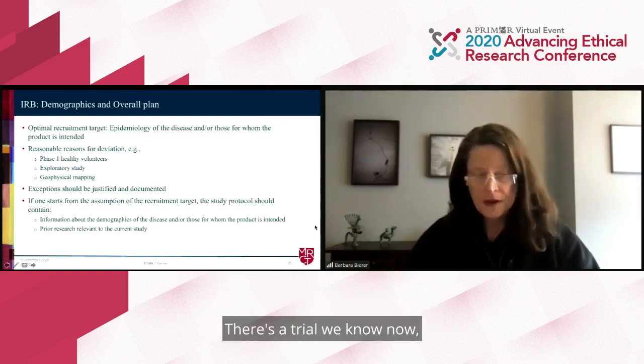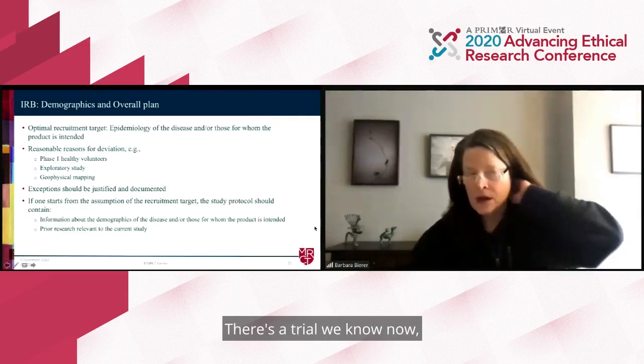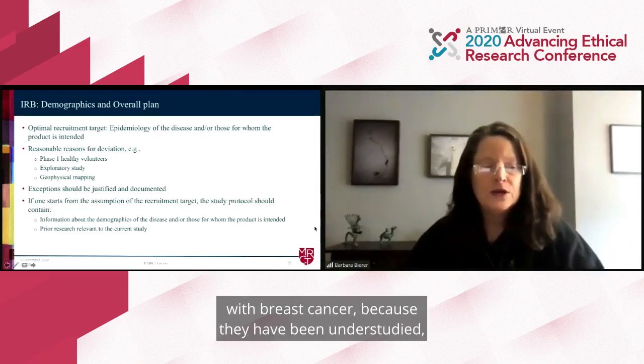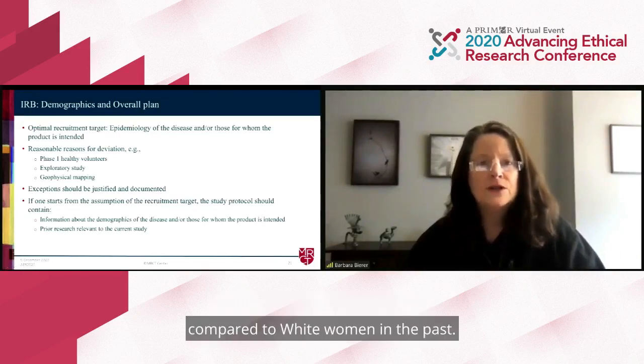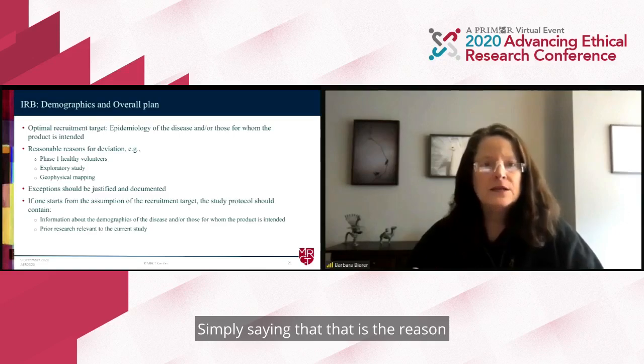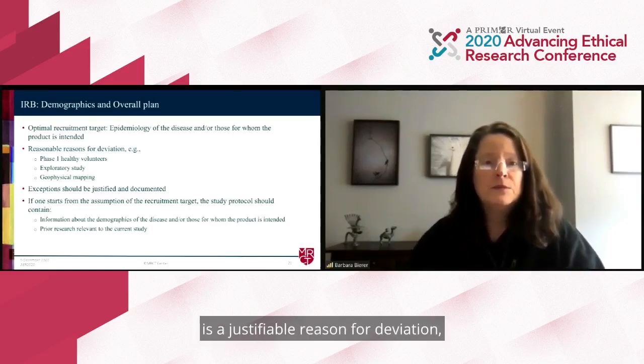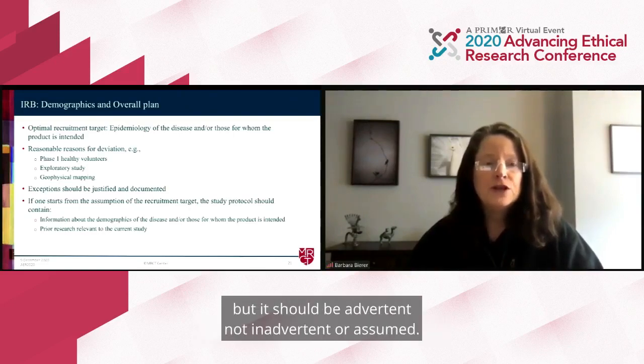There's a trial we know now that's going on for Black and Hispanic women with breast cancer because they have been understudied compared to white women in the past. Simply saying that that is the reason for targeting this population is a justifiable reason for deviation, but it should be advertent, not inadvertent or assumed.